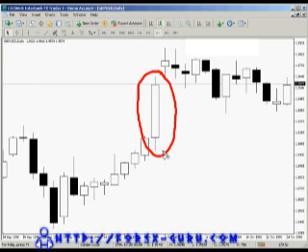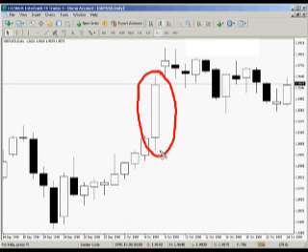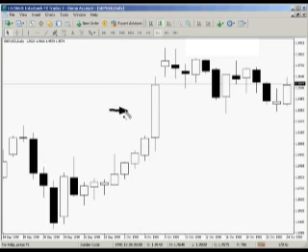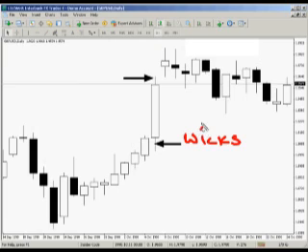But remember, if any of this is confusing, let's get on the phone, shoot me off an email, and I want to make sure that you understand what the different parts are. So let's go through them. The part in the middle here is called the body. The parts at the top and the bottom here, here and here, these are the wicks.